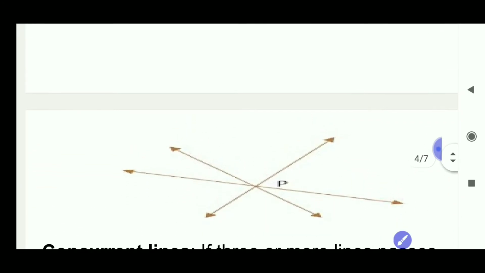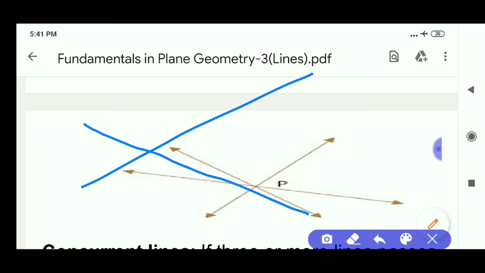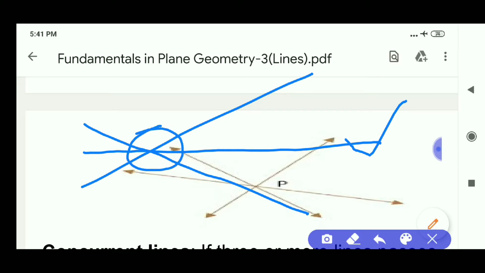Now we discussed two lines. Suppose two lines are like this and a third line is passing through the intersecting point, then the third line is called a concurrent line and the intersecting point is called the concurrent point.